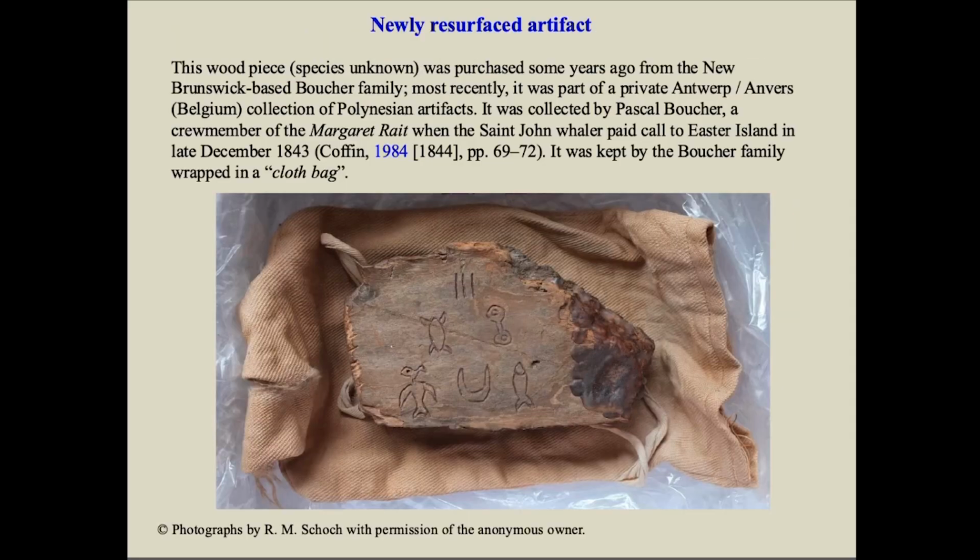I want to show you a new specimen. This has just come to light. Again, this was collected, and it comes from the family. It descended in the family of Pascal Boucher. As you remember from my last presentation, he was a member of the crew of the Margaret Rait, this whaling ship that left St. John in Canada, and the family kept a lot of specimens.